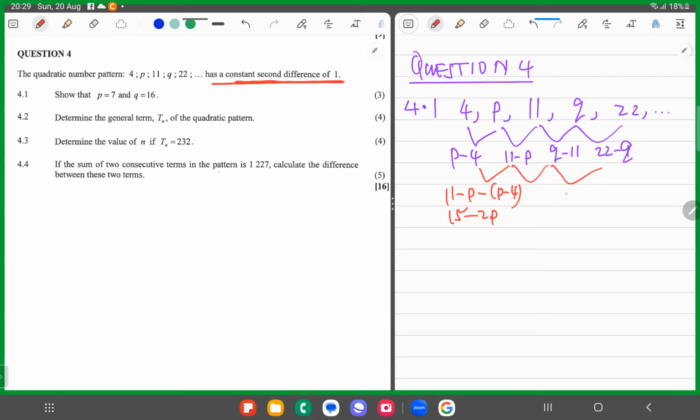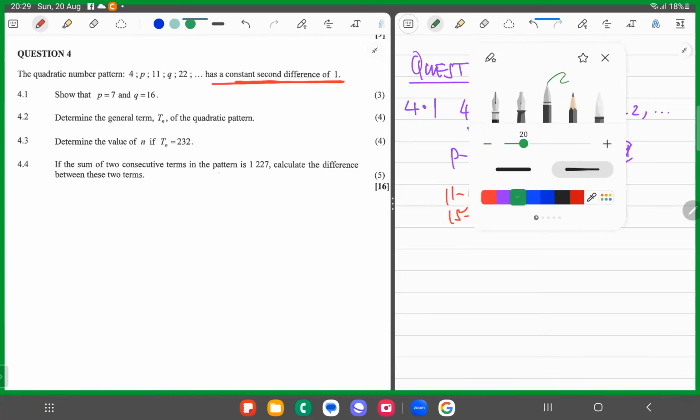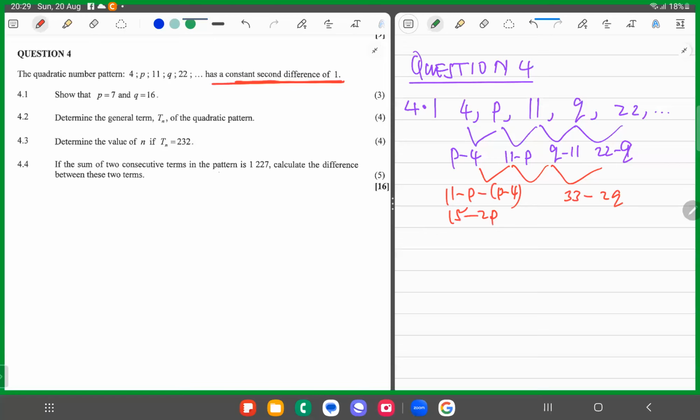Continuing, it becomes 33 minus 2q, and this one becomes q plus p minus 22.